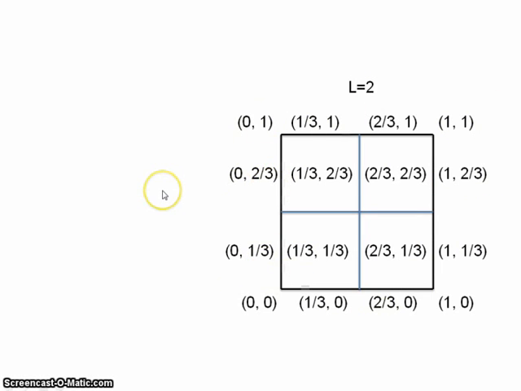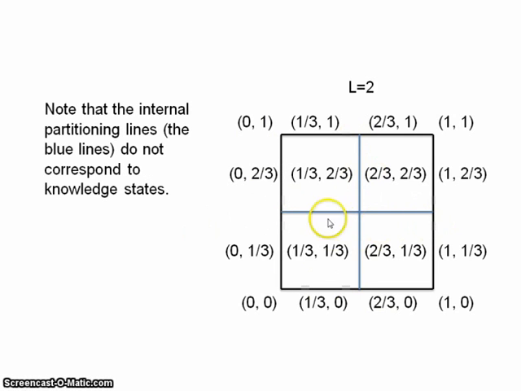Now note that the partition lines, these blue lines here, do not correspond to knowledge states. They're just sort of borders between different knowledge states. They don't themselves represent any knowledge states, and that's why I've put them in blue. So all that corresponds to knowledge states here are the vertices on the outside edges, and the 4 faces in the middle.